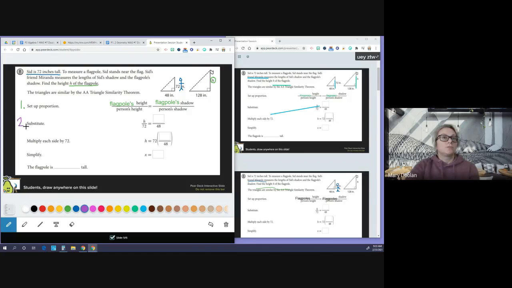We're going to replace these things with what they're equal to. The flagpole's height is h. That's why there's h here. The person's height is 72. That goes here. The flagpole's shadow is 128. That goes in this box. And then the person's shadow is 48, which goes down here.